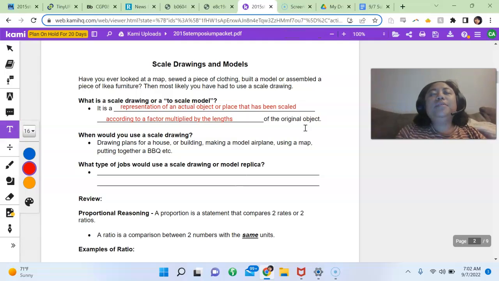So, obviously, when you're building furniture and you're using the instructions, the size of the table that you are putting together is not the actual size on the instructions.